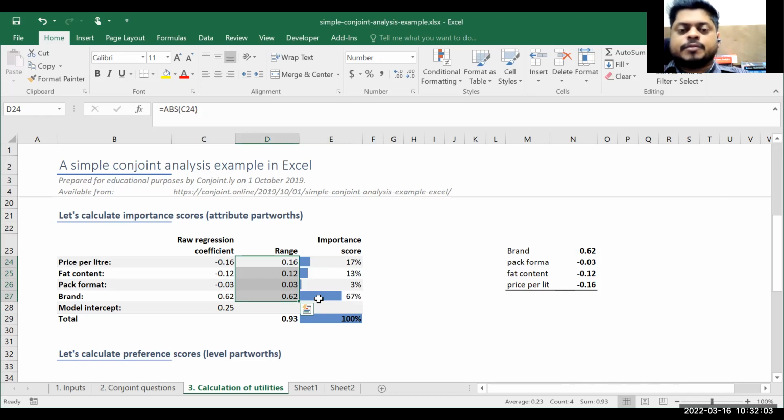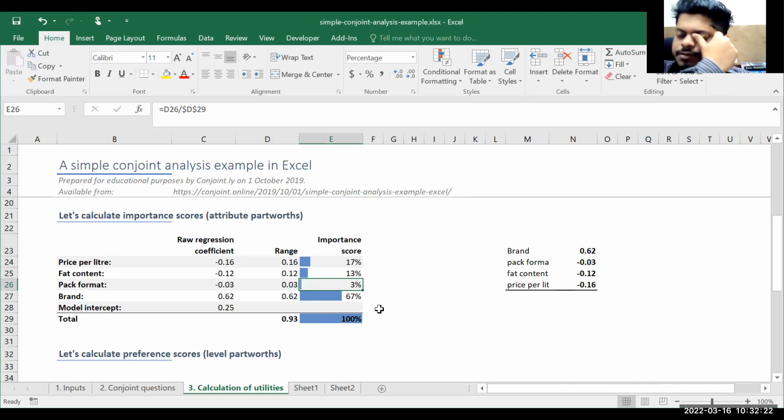Brand is the most important factor, followed by price per liter, then fat content, then pack format. Pack format is the least important compared to the other three attributes, right? Is there any question? How did the software get these numbers?